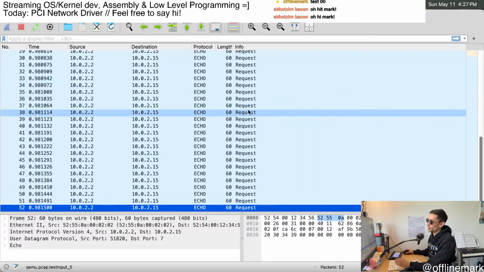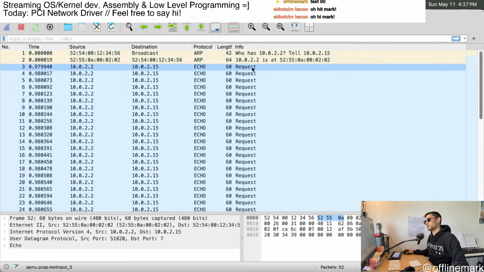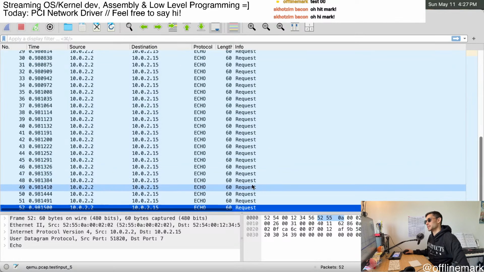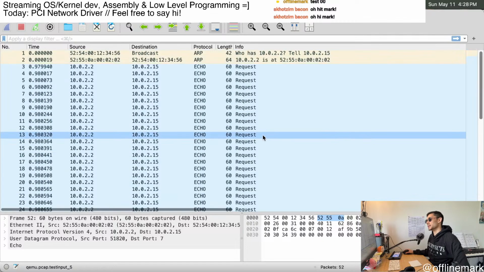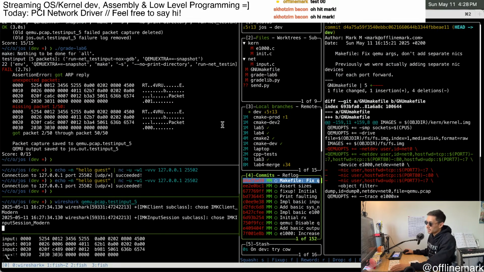So what does this Wireshark thing even say? This is capturing the data that went on the network. But just because this data went on the network doesn't mean it was received properly by the OS. So presumably that's what this thing is trying to test.